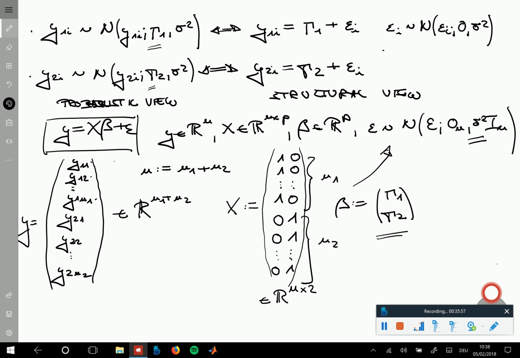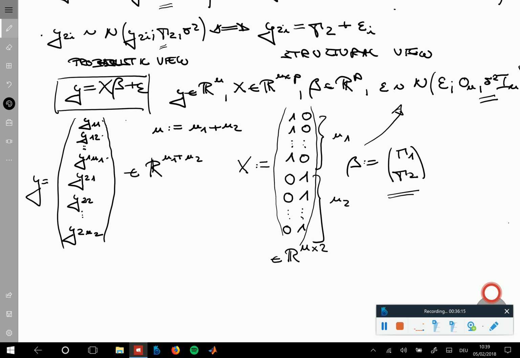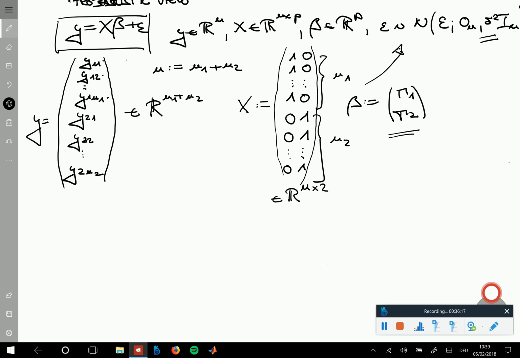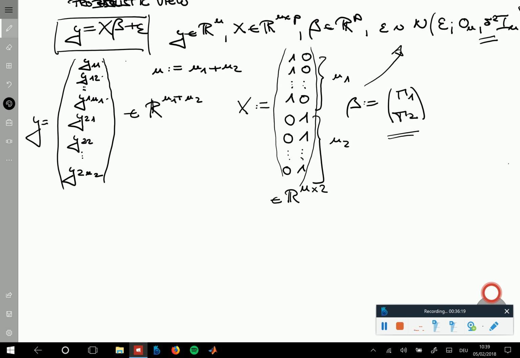Now, what one can nicely do with the two-sample t-test design, but we will not do in all detail now because time is a little bit short, is to explicitly compute the beta parameter estimates, the variance estimates and the t-value, like we did all the time.